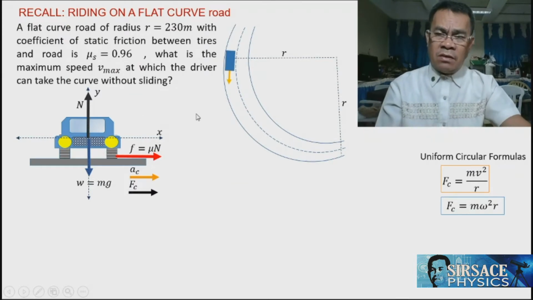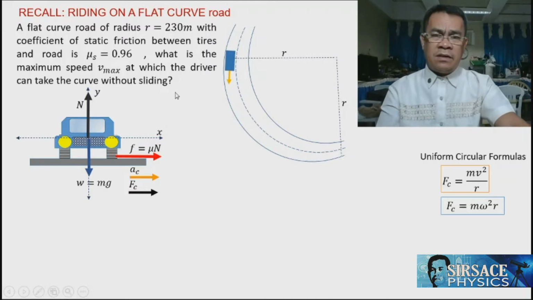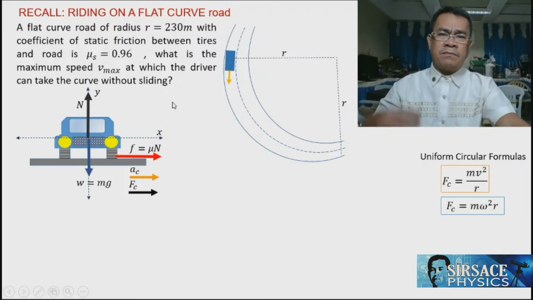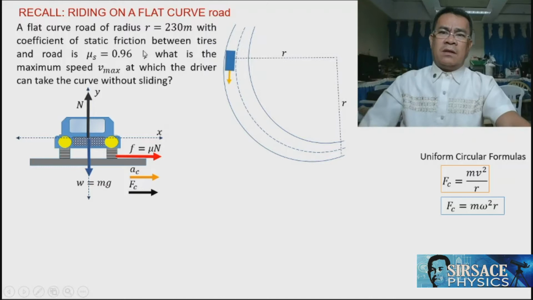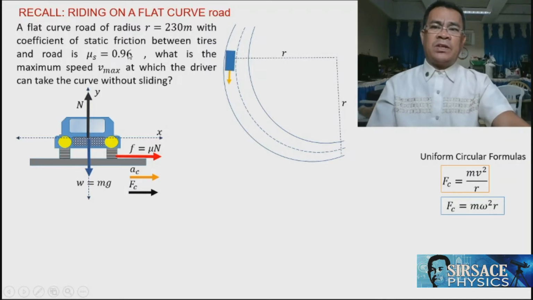So recall our problem in the second video. We have this problem: a flat curved road with a radius of 230 meters. The car and the road, between them it has a coefficient of static friction of 0.96.